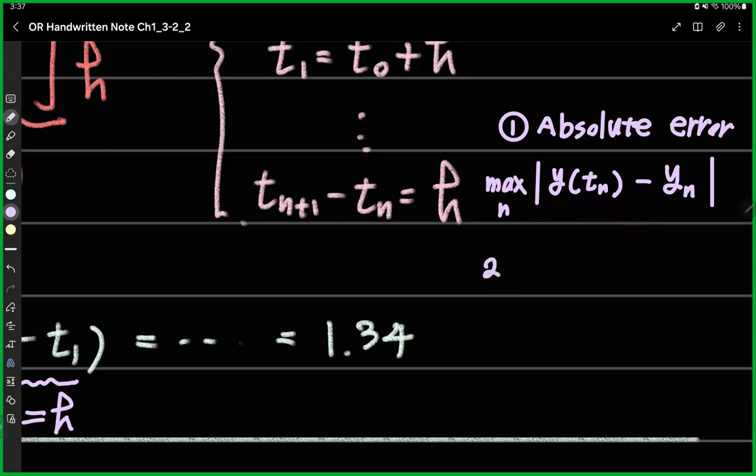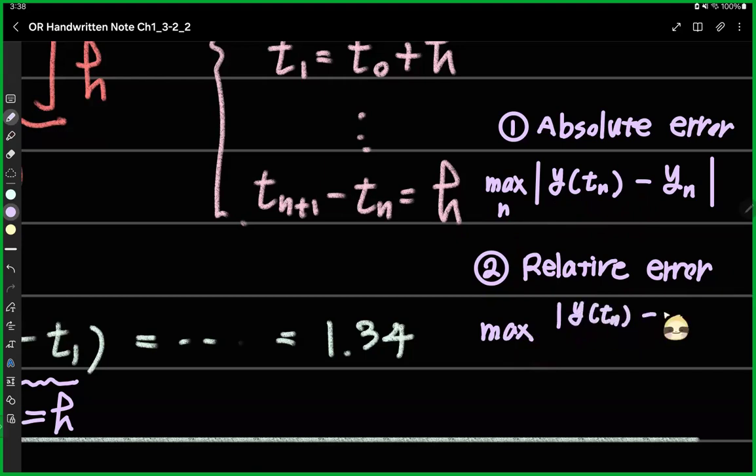The second one is the relative error. You find the maximum of the absolute value of y of t sub n minus y sub n, over the absolute value of y of t sub n.